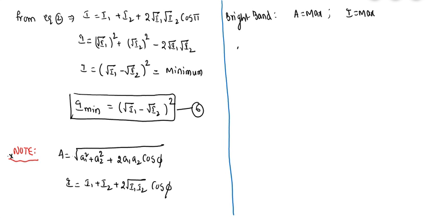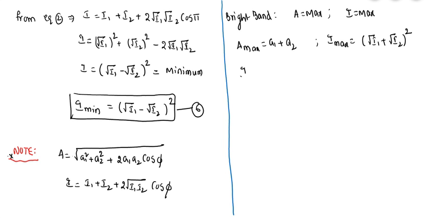The maximum amplitude is A1 plus A2, and the maximum intensity is, as we derived, root I1 plus root I2 whole square.